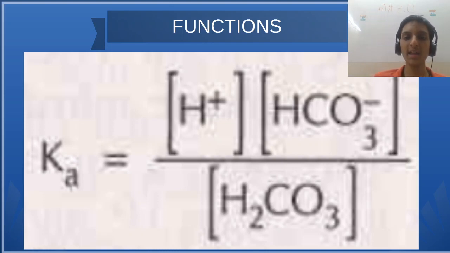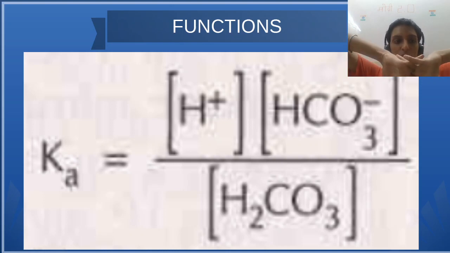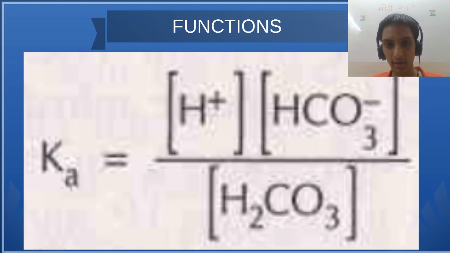The law of mass action states that the ratio of the dissociated products to the undissociated reactant is constant, and that constant here is Ka. So Ka is equal to the product of H plus and bicarb ion divided by carbonic acid.